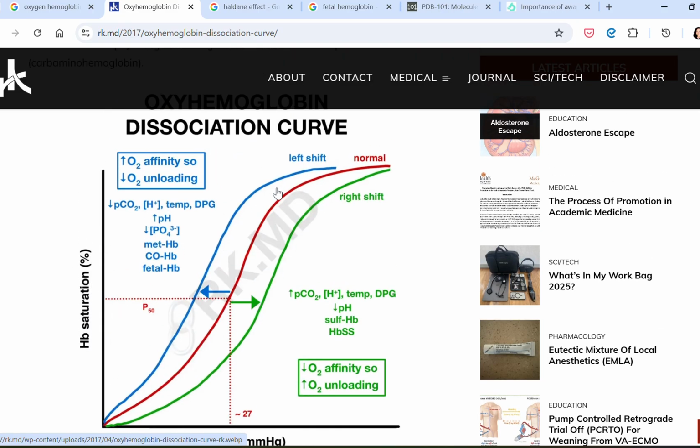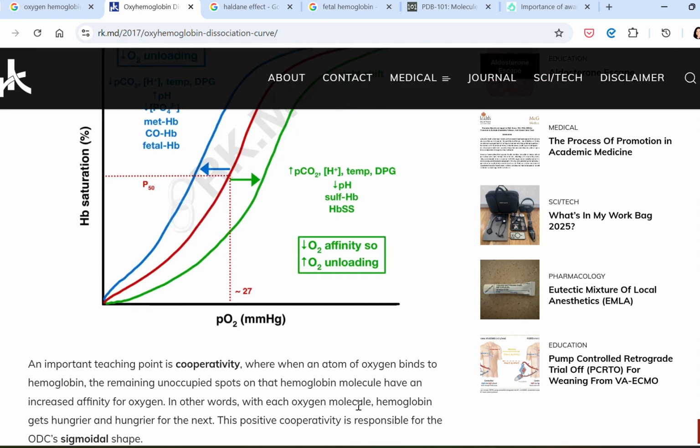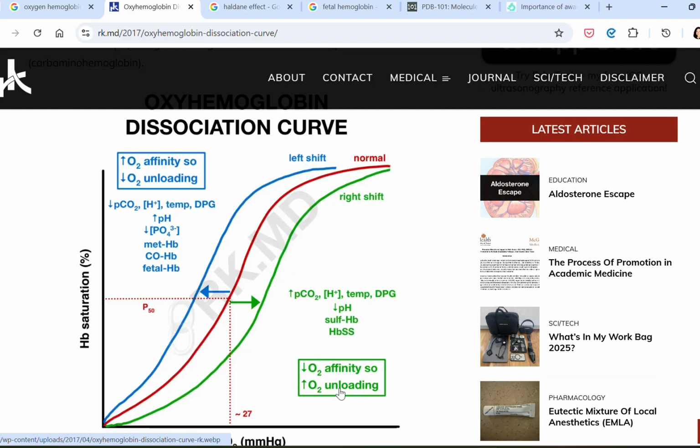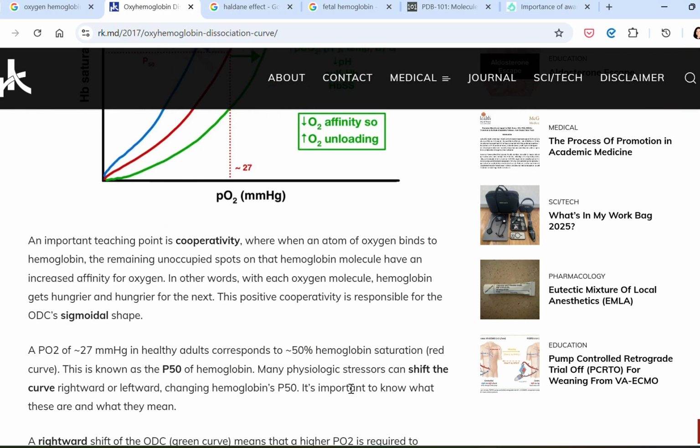In the left shift, oxygen affinity increases and unloading of oxygen decreases, which is caused by increased pH again, fetal hemoglobin, and carbon monoxide-bound hemoglobin. The right shift is the opposite of it: oxygen binding decreased and unloading increased.